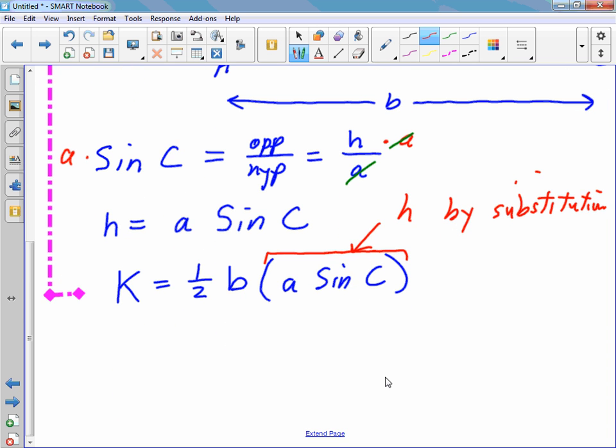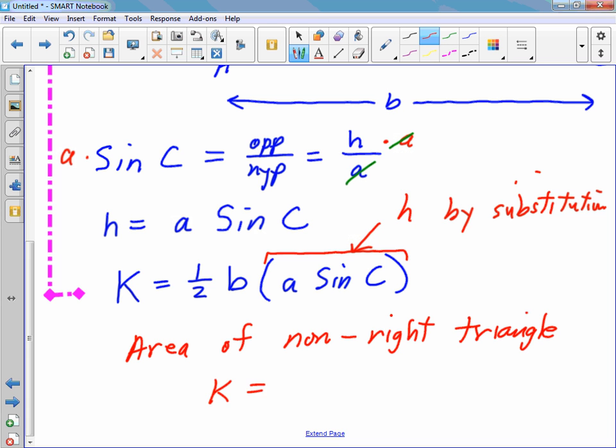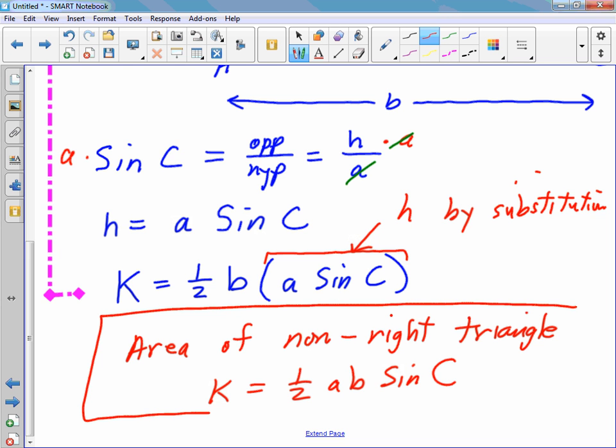And normally you're going to see this: area of a non-right triangle, K equals 1/2, and they always say it like this, AB sine C. And that is a theorem or corollary or a postulate or something.